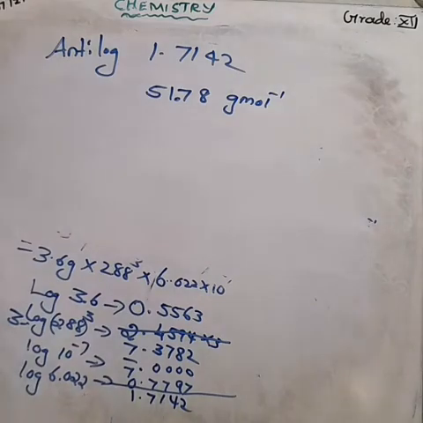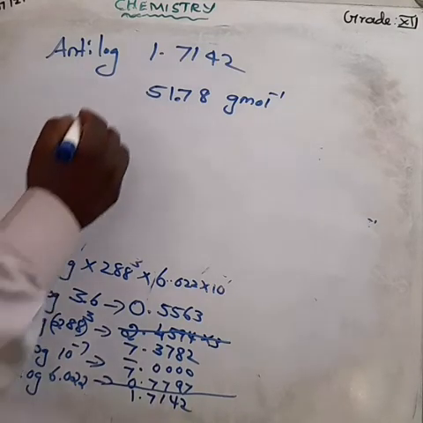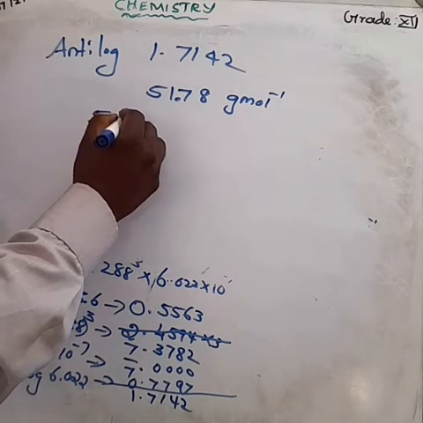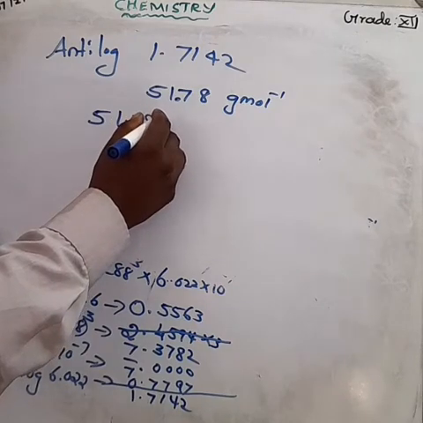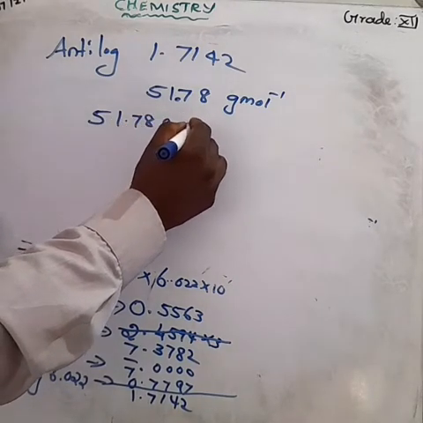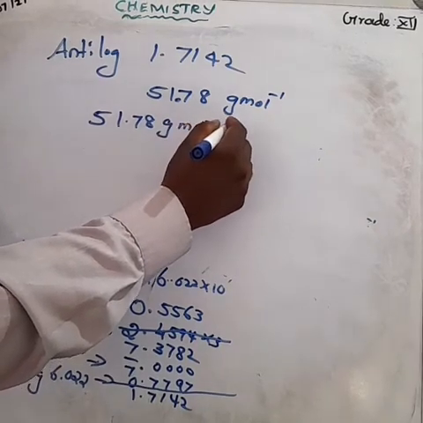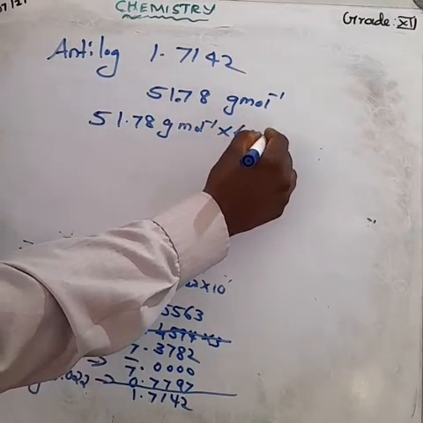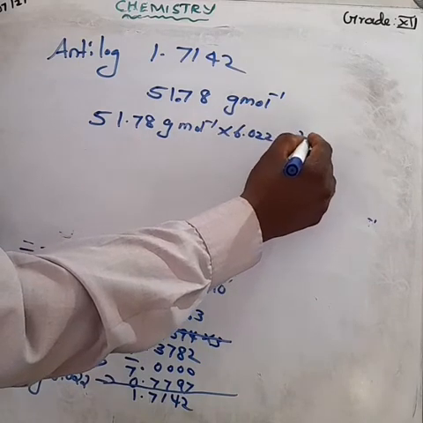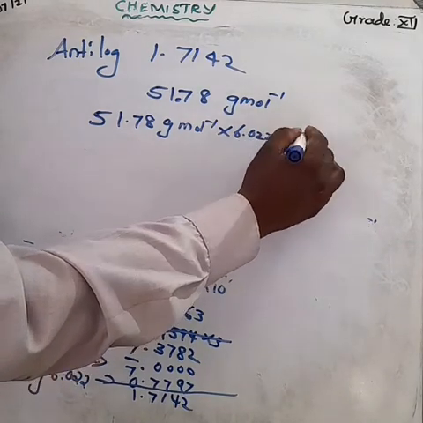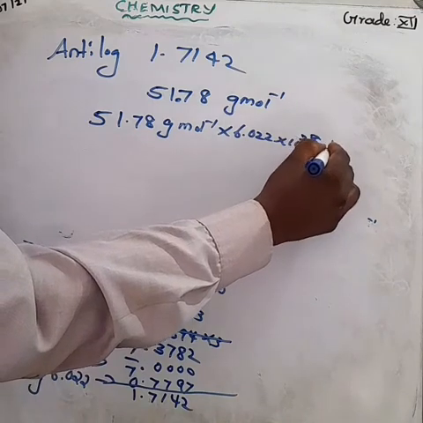As per the question, you have to find out the atoms present in 208 gram of an element. So, the molar mass is 51.78 gram per mole, and the Avogadro number is 6.022 into 10 raised to 23 atoms per mole. Then what is our question?